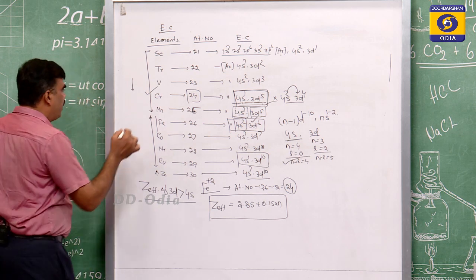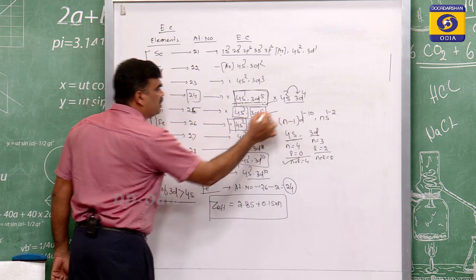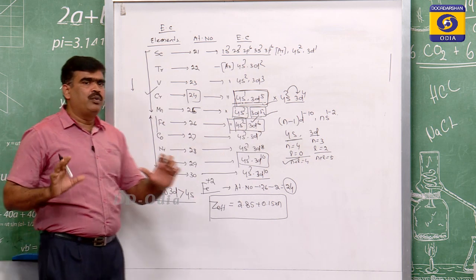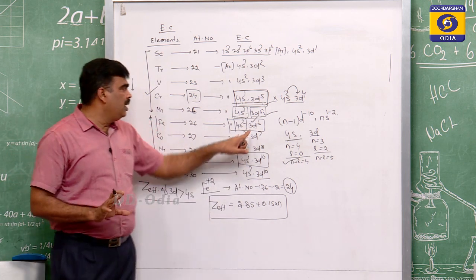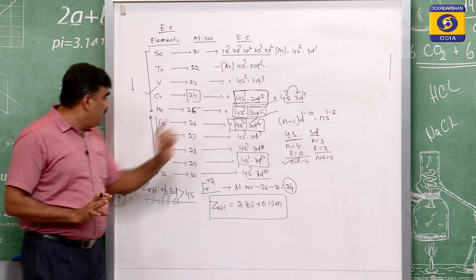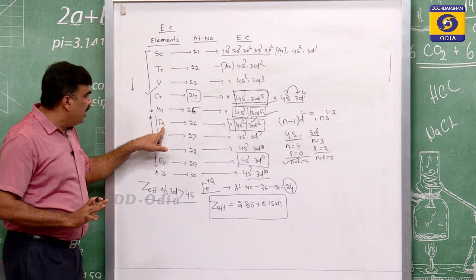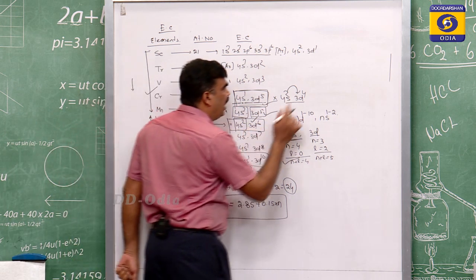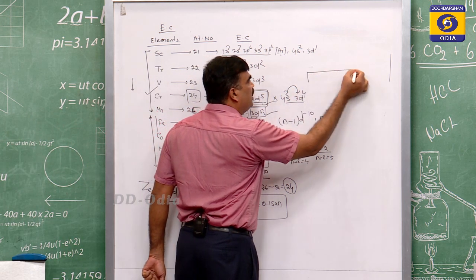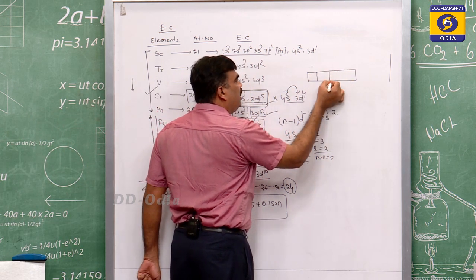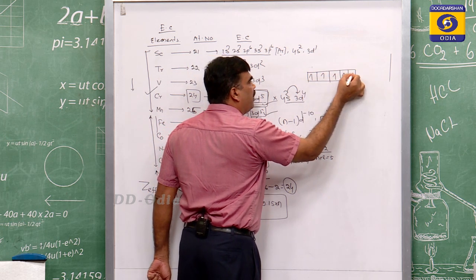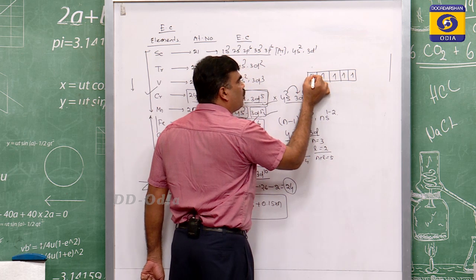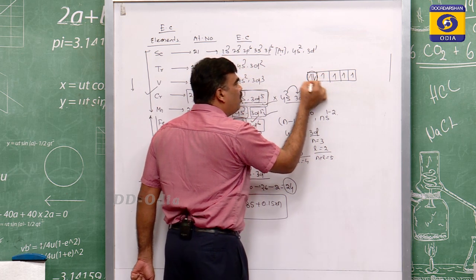Why? Up to manganese you have d5 configuration, exactly half filled, and exactly half filled means minimum repulsion. After manganese, iron has d6, which means each d orbital contains one electron and one d orbital is now paired up.